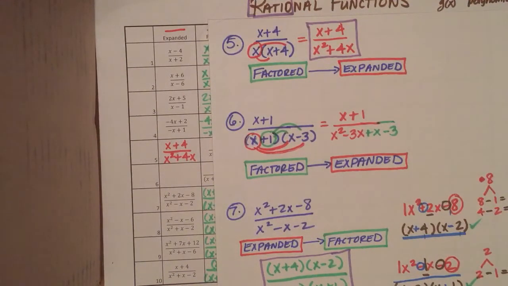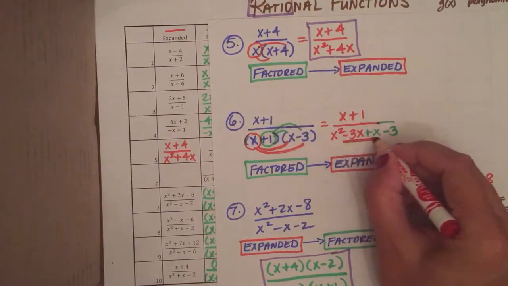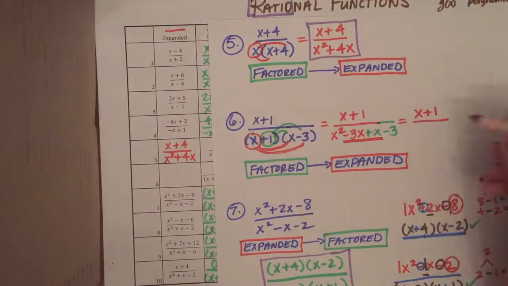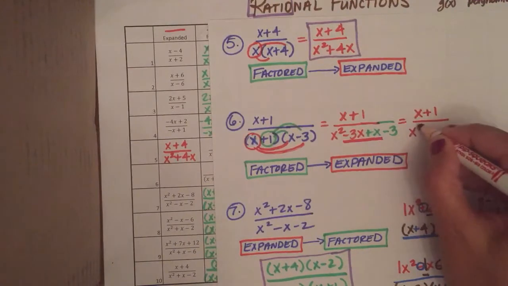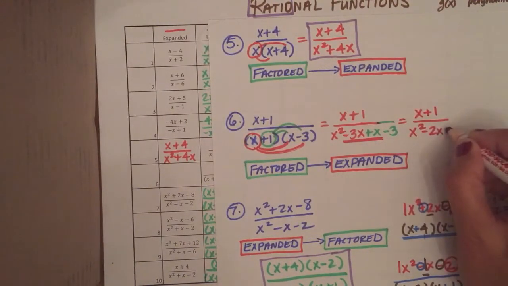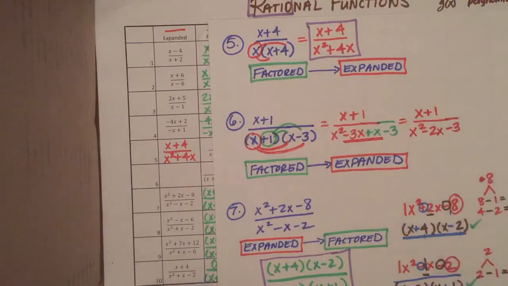So looking at this, I have to determine, is there anything that I can combine? And the answer is yes. I can combine negative 3x and positive 1x. So the numerator stays the same, and now I have x squared, and negative 3x plus x is negative 2x minus 3.